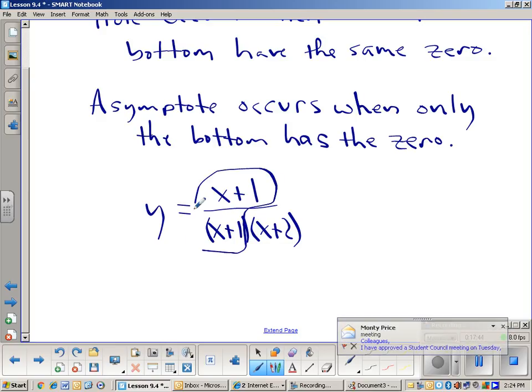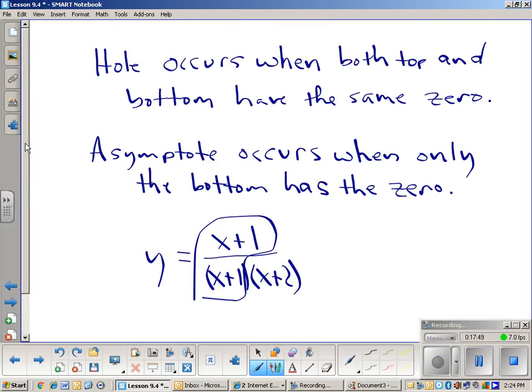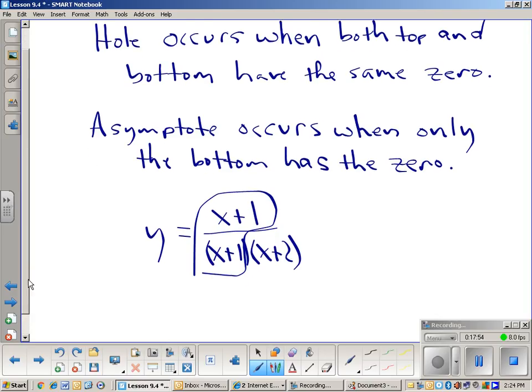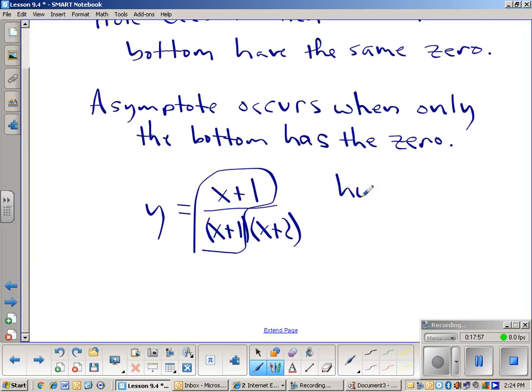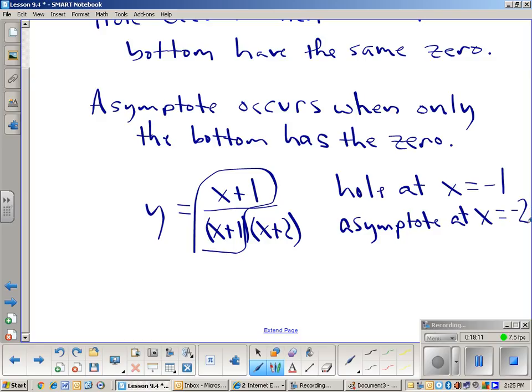When they have the same 0 at -1, it creates a hole. When the top and bottom have the same 0, it's a hole. So this hole is at -1. Your response should be hole at x equals -1, asymptote at x equals -2. That should be your response to that question.